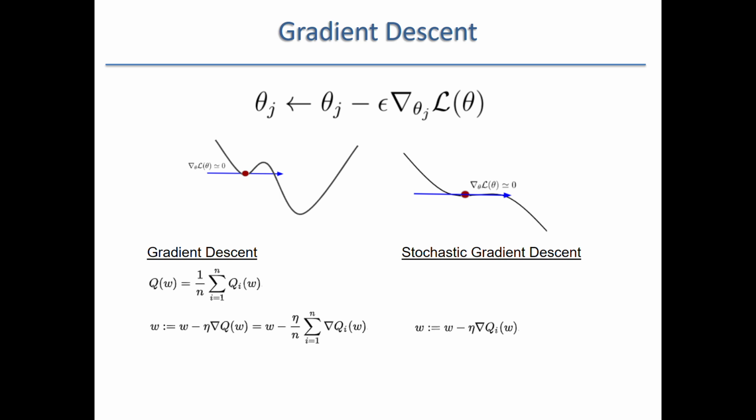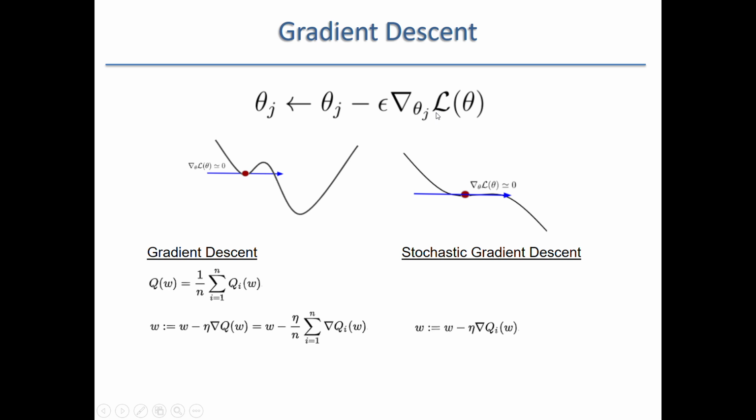gradient descent. In gradient descent, the given weight is updated with the current weight minus some learning rate times the gradient of the loss function with respect to that coefficient.